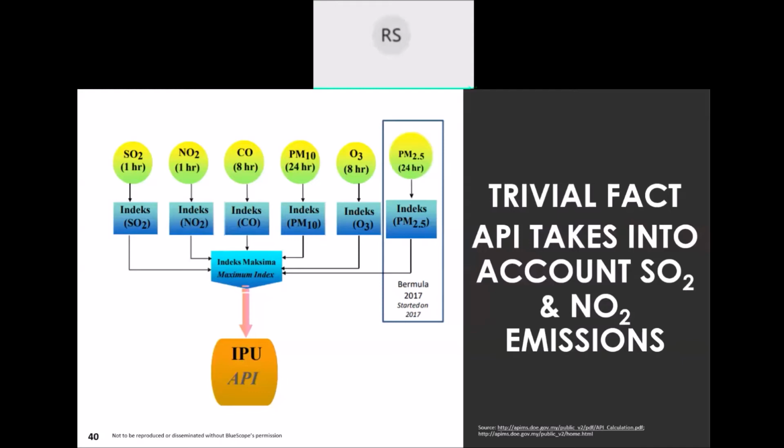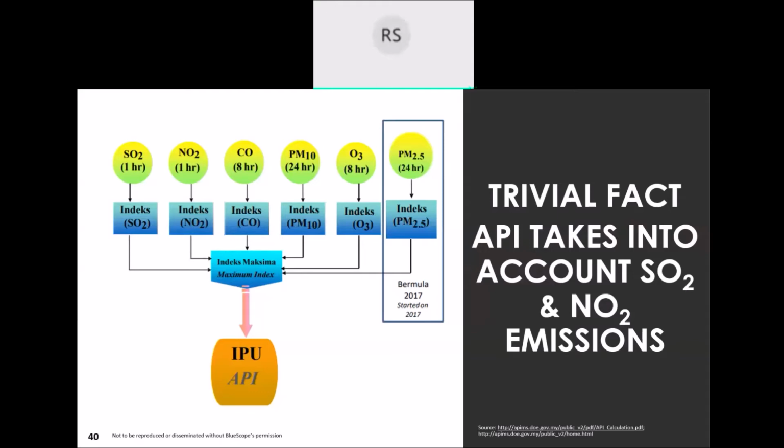Okay, so a trivial fact is the term API, air pollution index. Typically we look to the API if, let's say, our neighboring jungles are burning, and it lets out all these particles or smoke. One interesting fact is that this API is not just calculated from the air particles, also called smog.